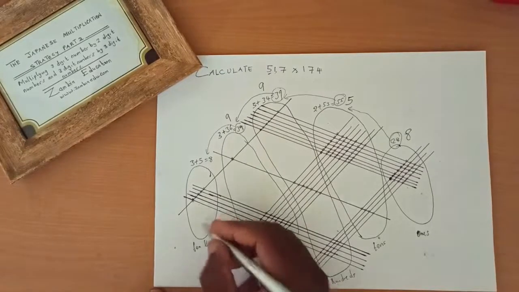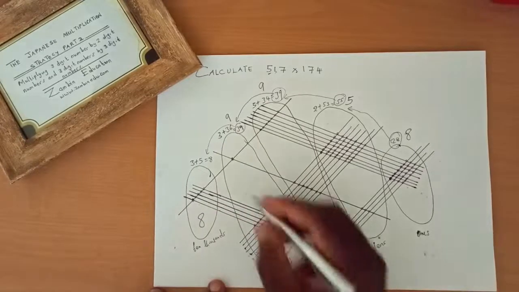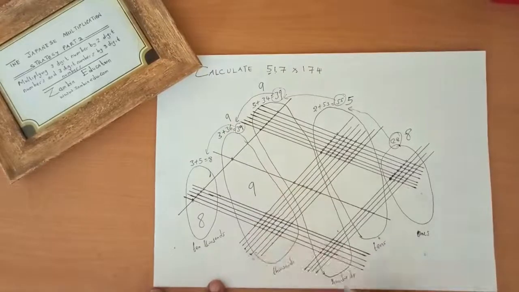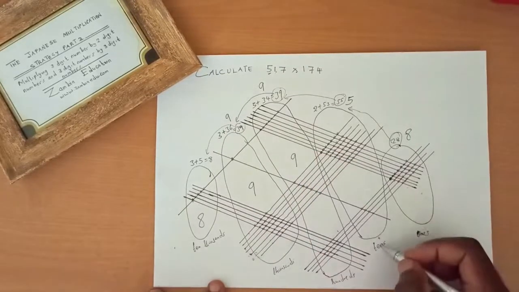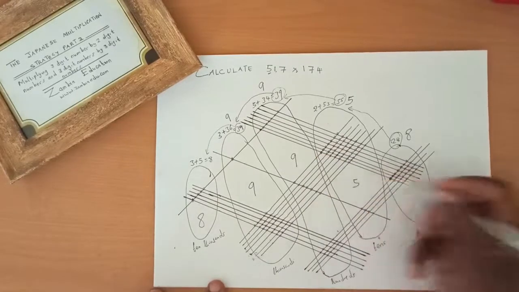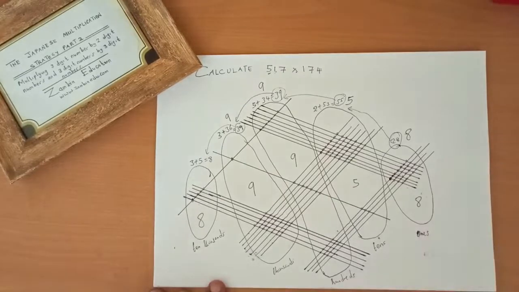So the 10,000 segment has 8, the 1,000 segment has 9, the 100 segment has 9, the 10s segment has 5, and the ones segment has 8.